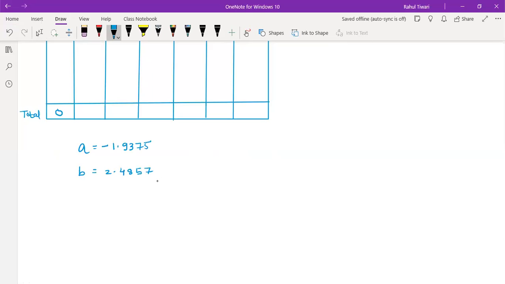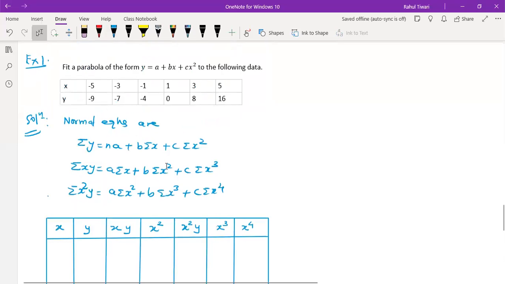B is 2.4857 and C is nothing but 0.2232. So this is your answer for A, B, C, after solving these three equations.